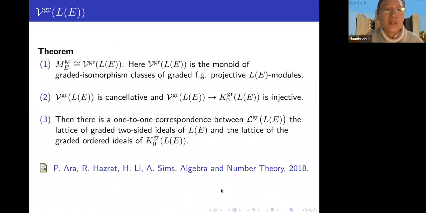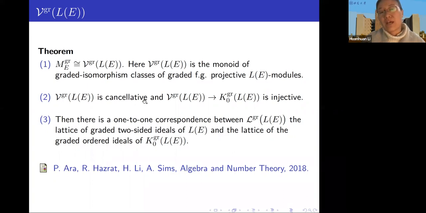Let's see. Actually, for this graded monoid, it contains all the graded isomorphism classes for graded finitely generated projective modules over L(E). And we can prove that this monoid is cancellative.